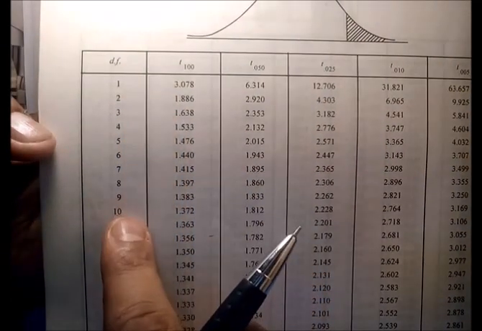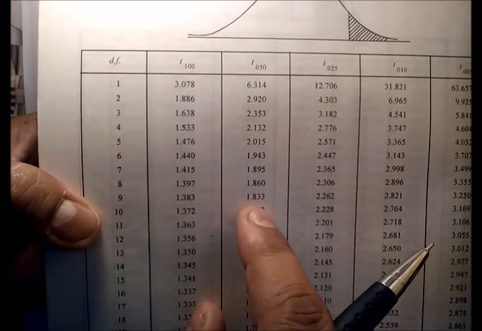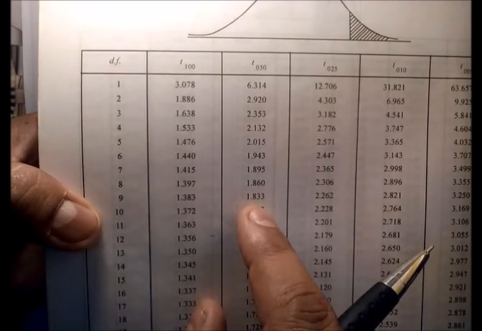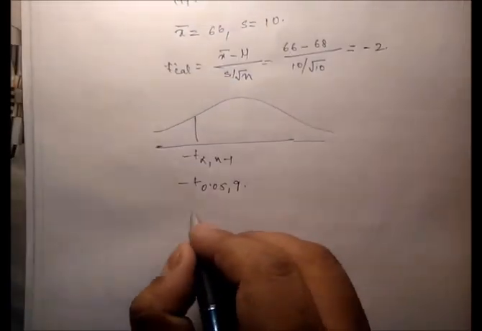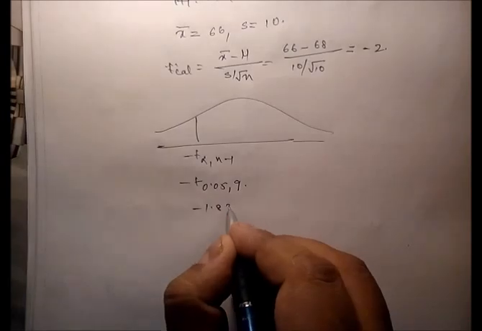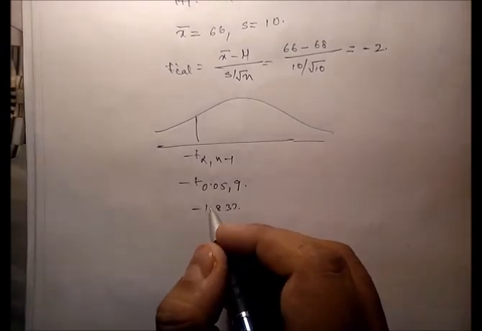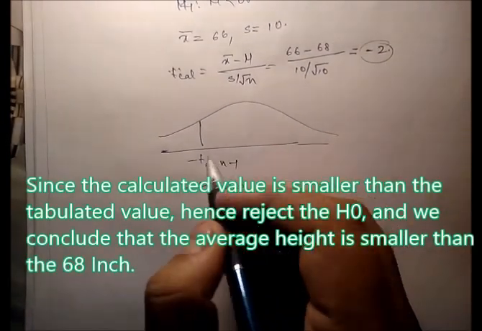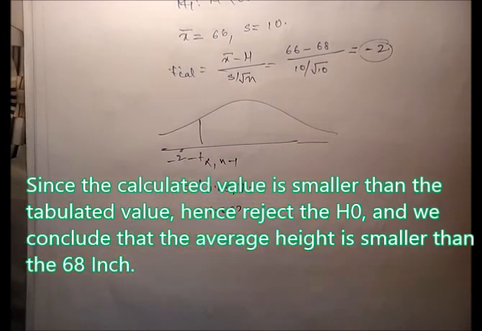From the table, for degree of freedom 9 and alpha equal to 0.05, the value is 1.833, so the critical value is minus 1.833. Your value is minus 2, which will be somewhere in the rejection region. Since the calculated value is smaller than the tabulated value, we reject the null hypothesis, and we conclude that the average height is smaller than 68 inches.